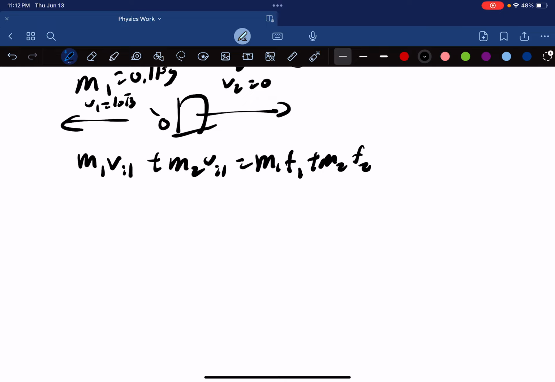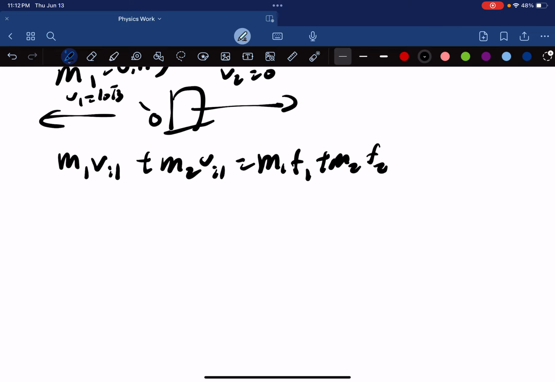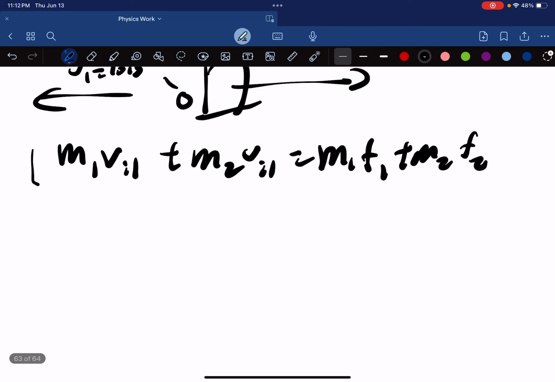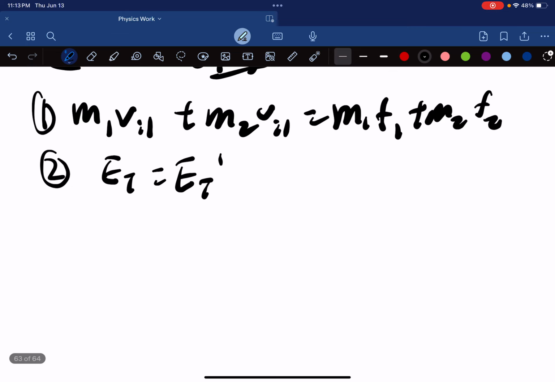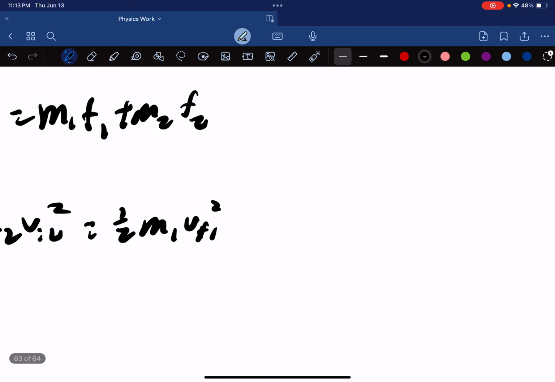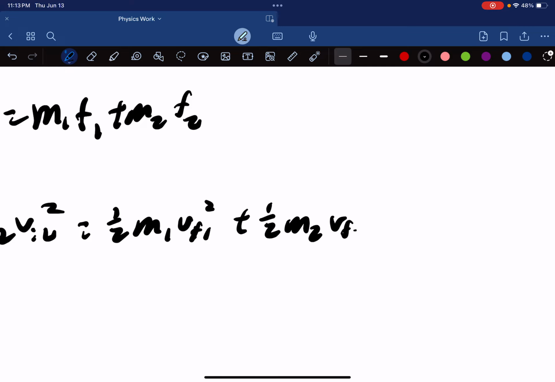And using the formula for elastic collisions, which you can get by substituting this formula, as well as the fact that the energy is conserved, which is this: half m1 v1 squared plus half m2 v2 squared equals 1/2 m1 vf1 squared plus 1/2 m2 vf2 squared.